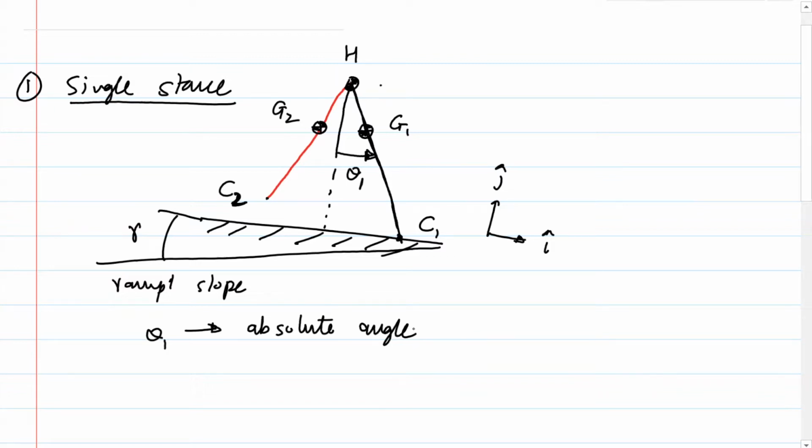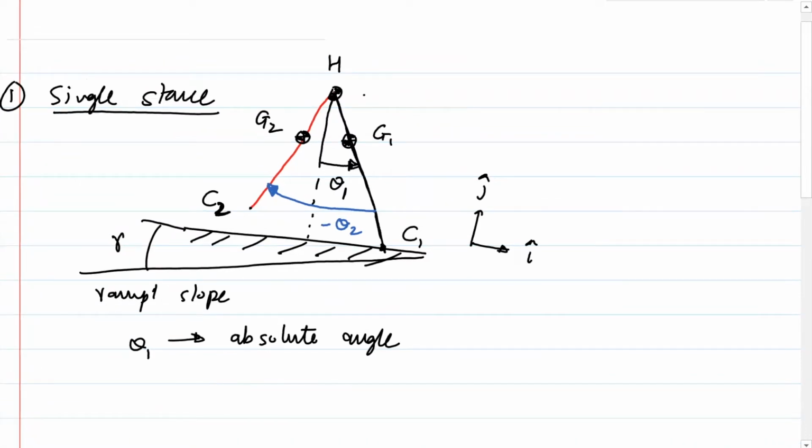In this case, it's going to be the ramp. Then we'll have another angle for the angle between the two legs. In this case, we're going to define it from here to here, and then this is actually negative theta 2.